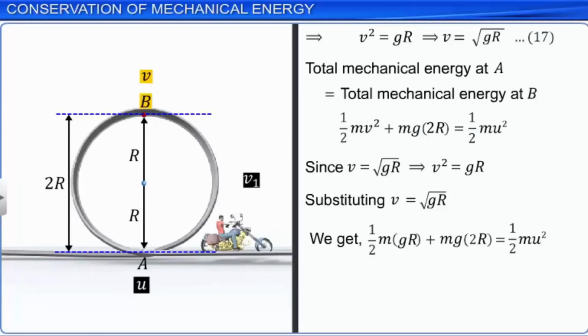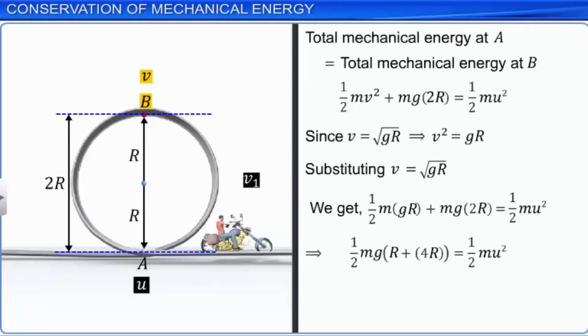On further simplification, we get half mg into r plus 4r is equal to half mu square. Thus, we get u square is equal to 5gr, or u is equal to the square root of 5gr, where u is the projection velocity at A. Let this be equation 18.